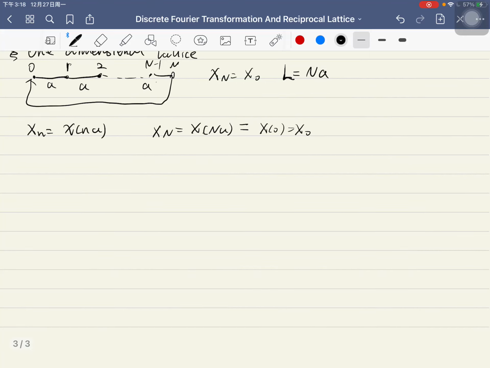Consider the Fourier transformation. We can write x_k^F equals 1 over root n, sum n from 0 to n minus 1, x_n e to the minus 2 pi i n dot k over n.